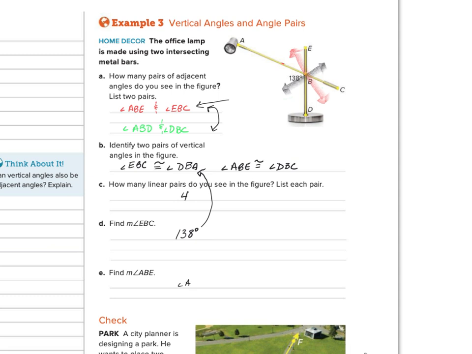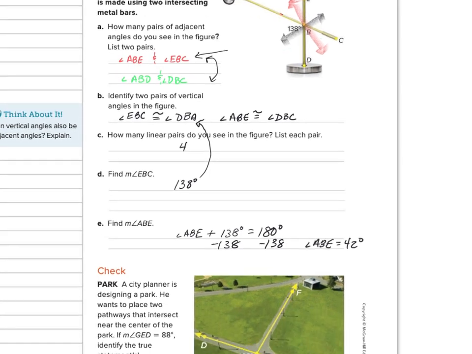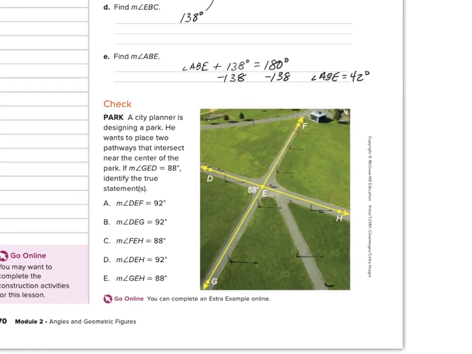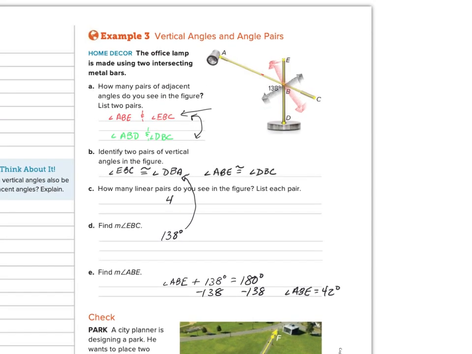So angle ABE plus 138 degrees is equal to 180 degrees because they form a linear pair. Simply subtract 138 from both sides, and angle ABE is equal to 42 degrees. So there you go. Just thinking about the different stuff that's presented to us in that problem.